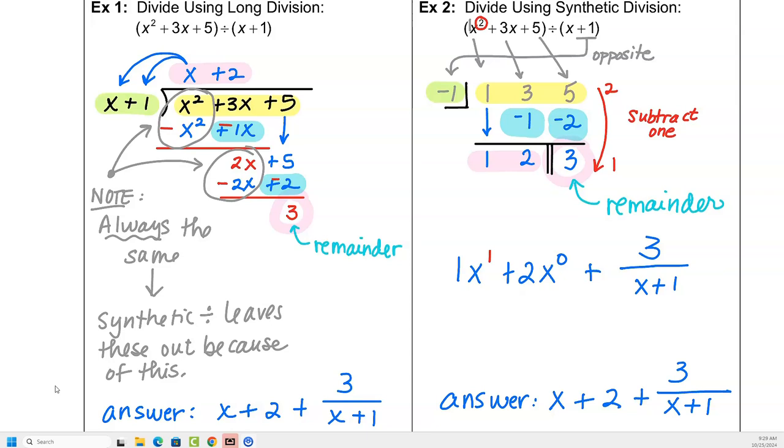Oh, I said I needed to find why it was changed to the opposite. Why do you guys think it's changed to the opposite? Yeah, remember, we have the opposite here. Remember, we were subtracting here, right? Draw your line and change your signs.